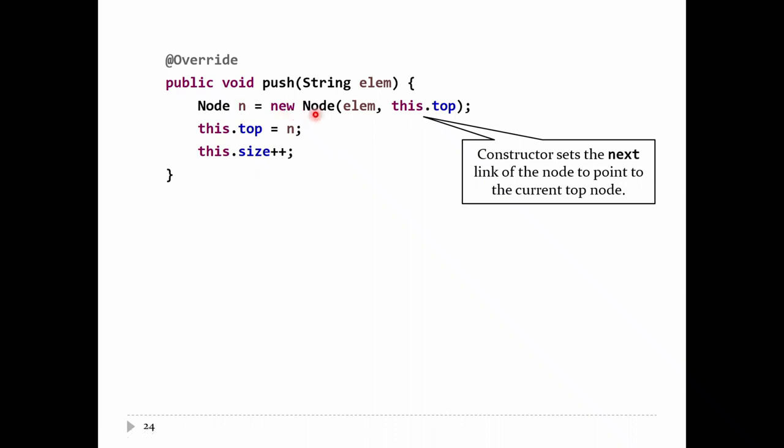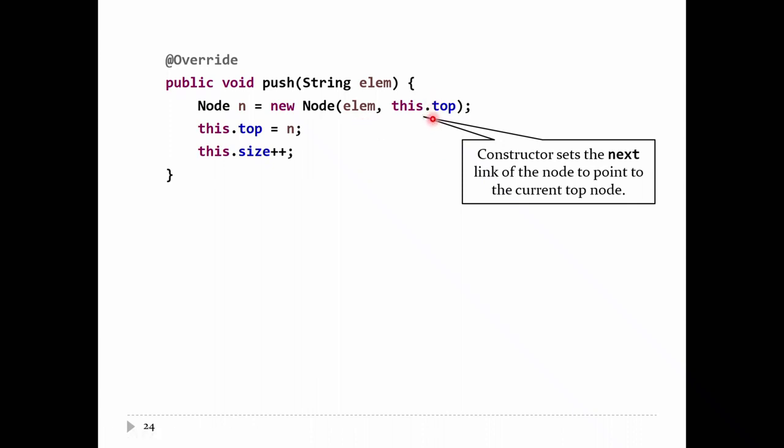Make a new node, so a new node. Set the element in the node to elem, so I can use the constructor to do that. Link that node to the current top node. Well, I can use the constructor to do that too. So that's all one line because I have a constructor that does all the work for us. Our node constructor sets the element of the node to that.